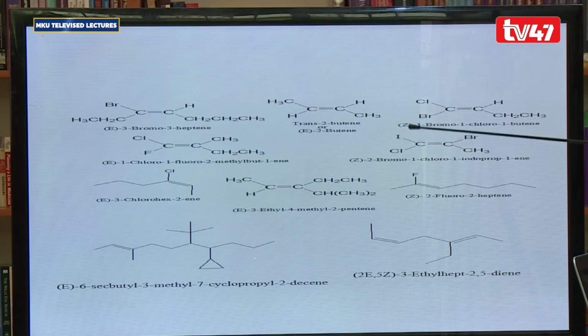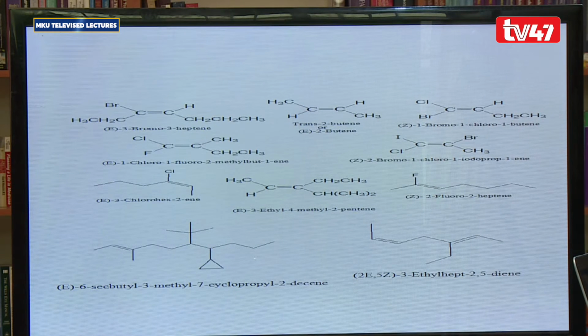Here we have iodine, chlorine, bromine, and a methyl group. For iodine and chlorine, iodine is lower in group 7 than chlorine, meaning it has a higher relative atomic mass, and therefore iodine should be given priority 1, chlorine priority 2.